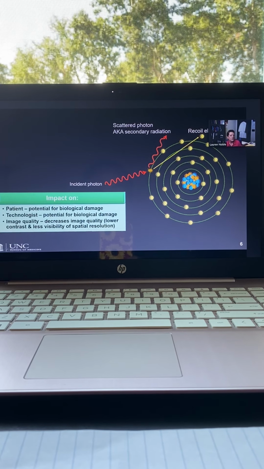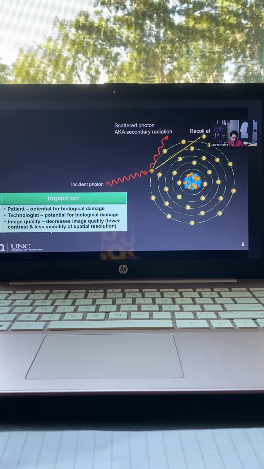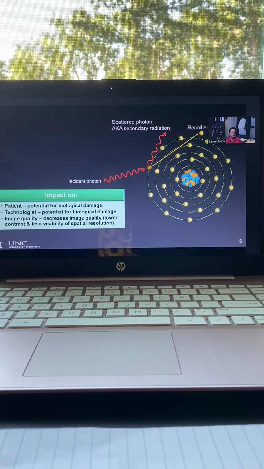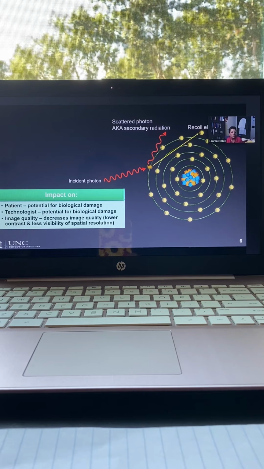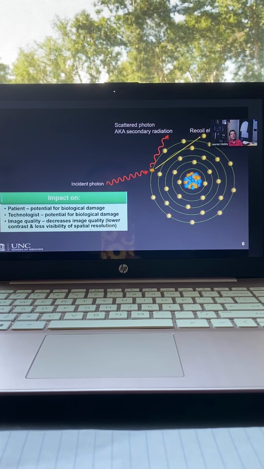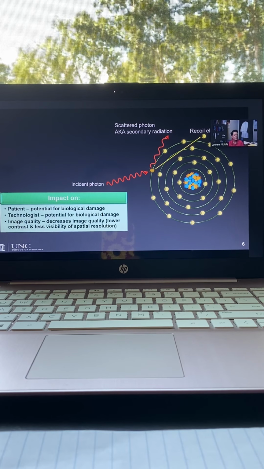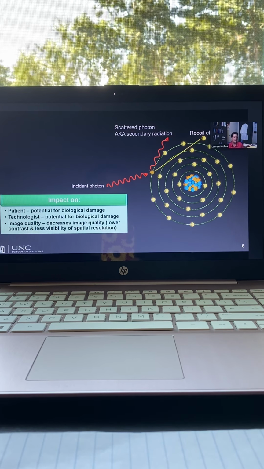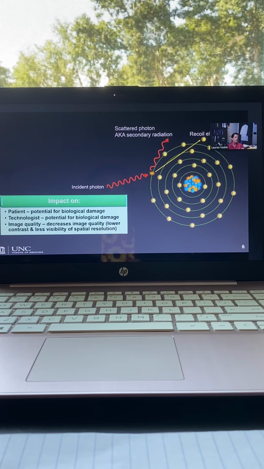So it lowers the contrast, and it also will reduce our visibility of image sharpness, or spatial resolution. We'll be talking more about this, but to give you an idea, if it's a foggy day, fog is very gray and it's useless. Well, what if there's a speed limit sign there?